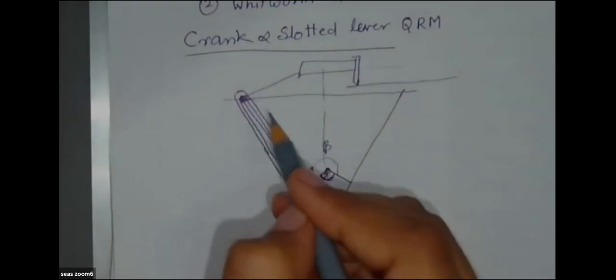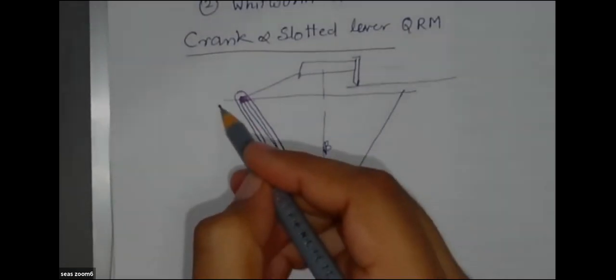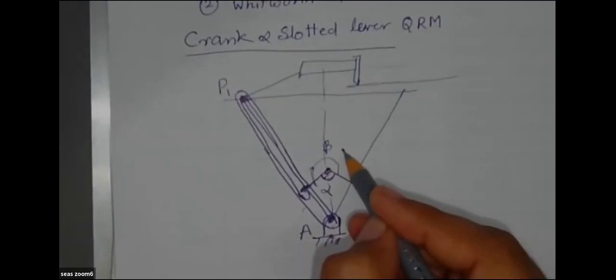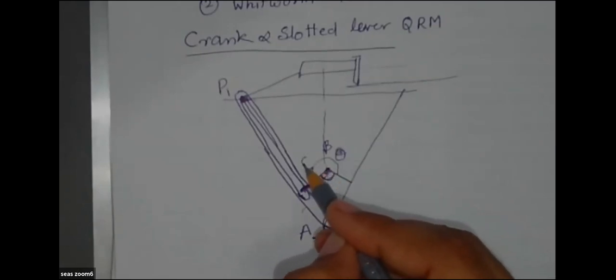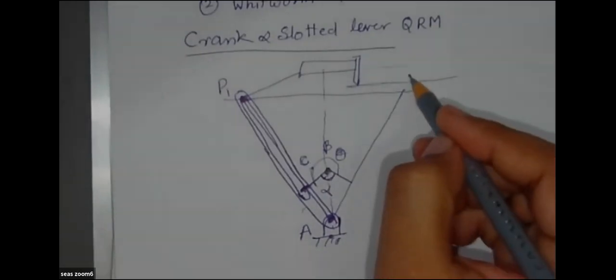Let's say that at extreme positions, this point is P1, and let's say this is point A, and this is point C. Okay, this center is point C. Let's say this is P2.